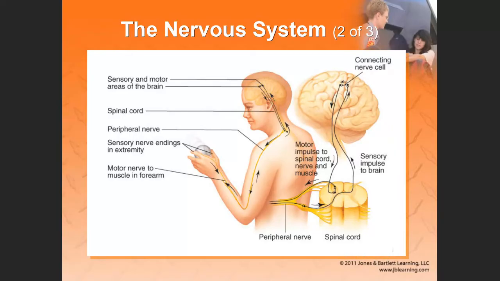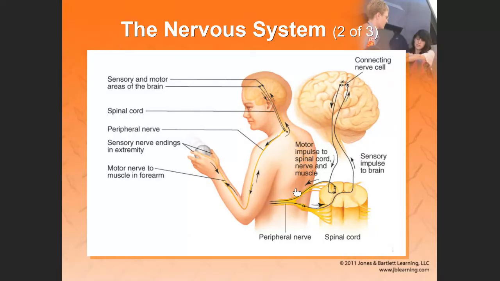The sensory nerves in the fingertip will pick up that sensation of heat, and then that signal will travel via the sensory nerve to the connective nerves via the spinal cord, and then go to the motor nerves, which take it to the fingertips, and we release the object.